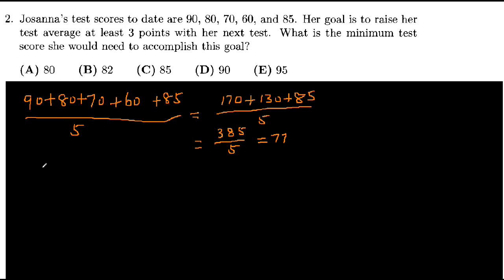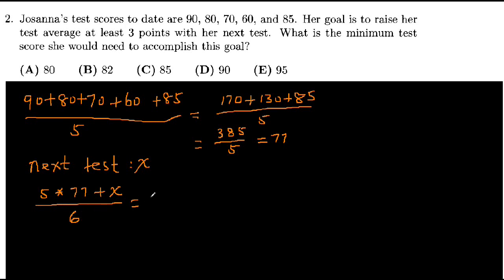Now, when she took the next test, let's say the score will be X. So the average with that test score included would be the 5 tests she took before, times 77, plus X, and the average will be over 6 tests.